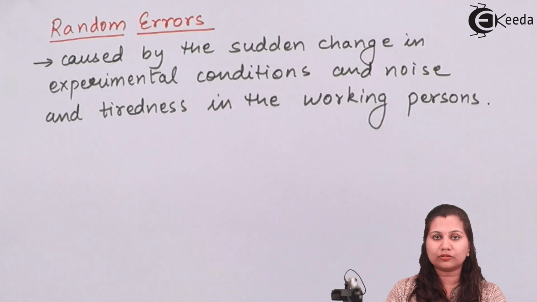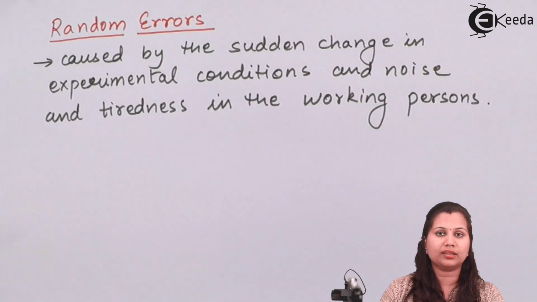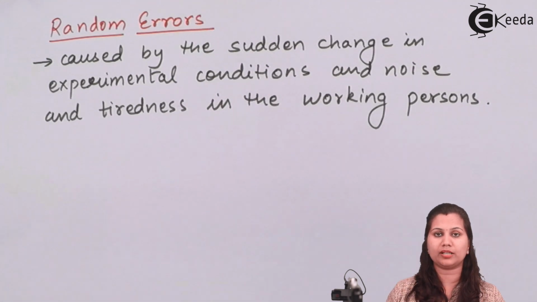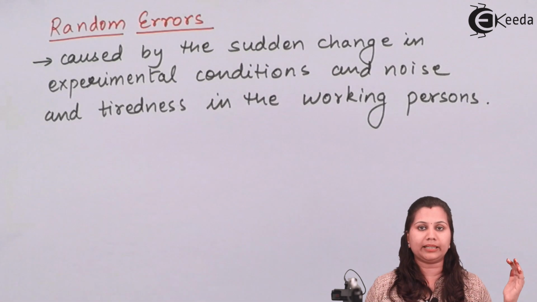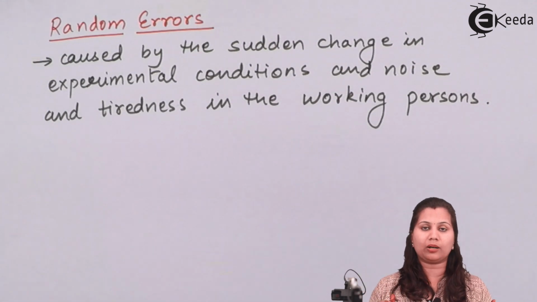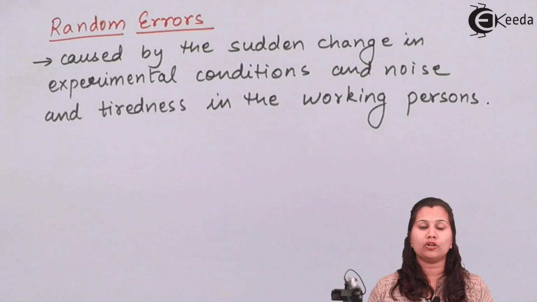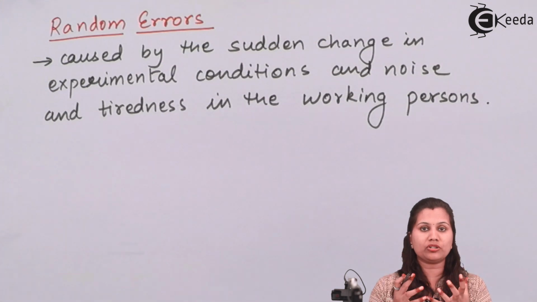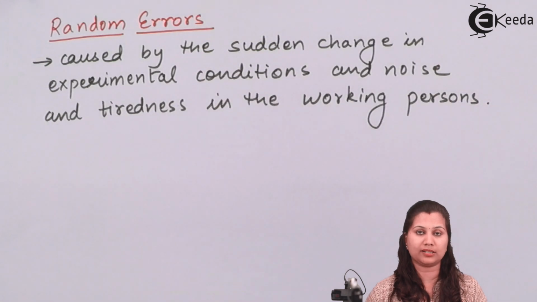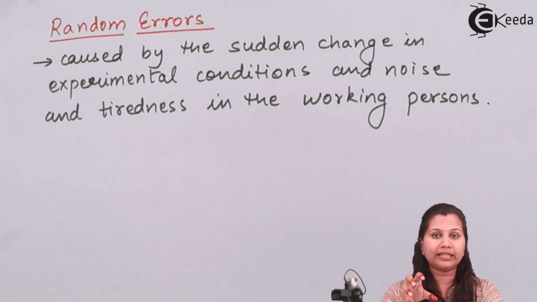Random errors are caused by sudden changes in the experimental conditions, like when we are taking the readings from the instrument, at that time the temperature was different, the pressure was different, the humidity around the instrument was different.